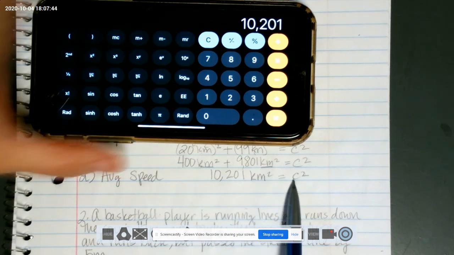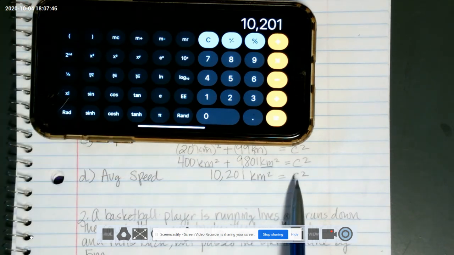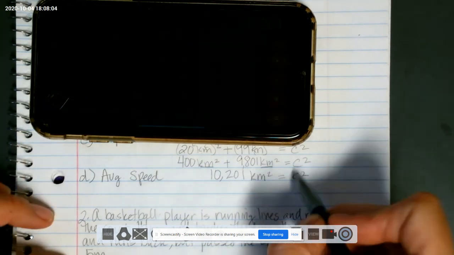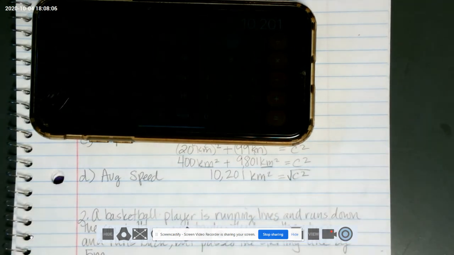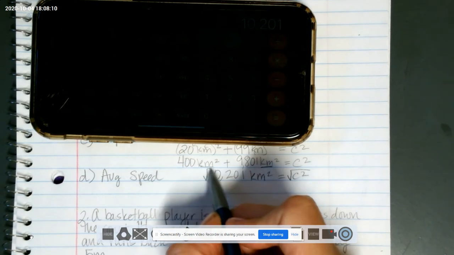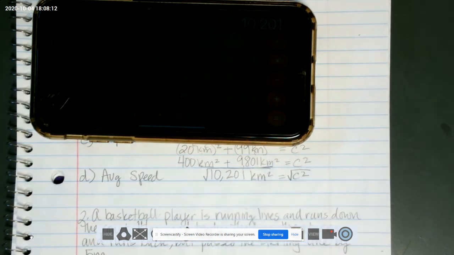So remember, we're looking for c by itself. We're not looking for c squared. So we're going to have to deal with that in a second. I don't want kilometers squared, and I don't want c squared. To get rid of a squared, you have to do the opposite to it. The opposite of squaring something is square rooting it. So I have to do that to this side to get rid of the squared on the c, but I also have to do it to the other side, because remember, what you do to one side in a problem, you have to do to the other side of the equal sign.